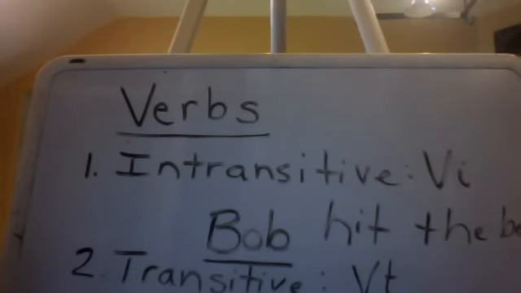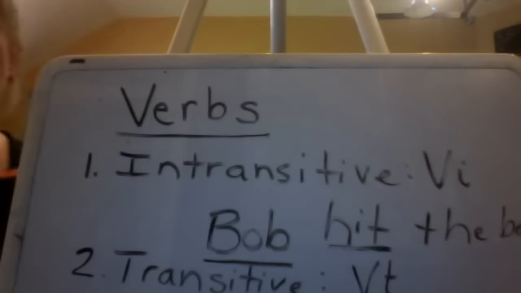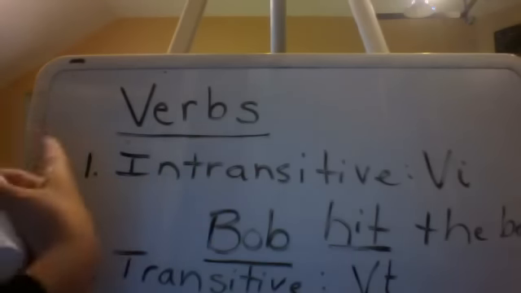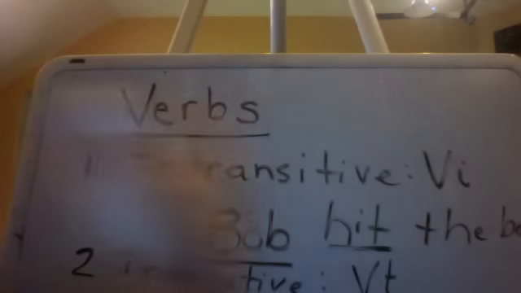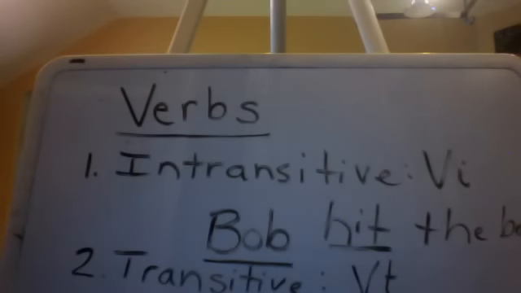And I tell my students that verb transitives are verbs that transfer action from the subject to the object. So Bob hit the ball. Hit in this sentence would be a verb transitive. So we can actually have the same word used differently in different sentences to mean different things. So hit in Bob hit would be verb intransitive, but if we add the ball, it becomes verb transitive.